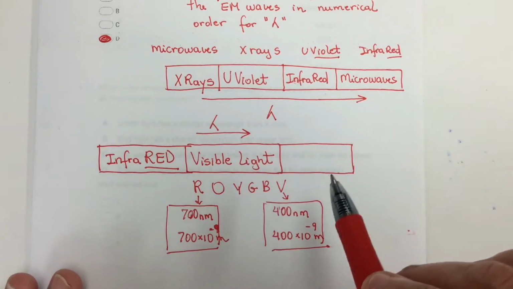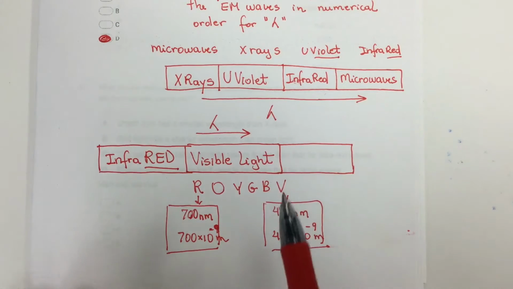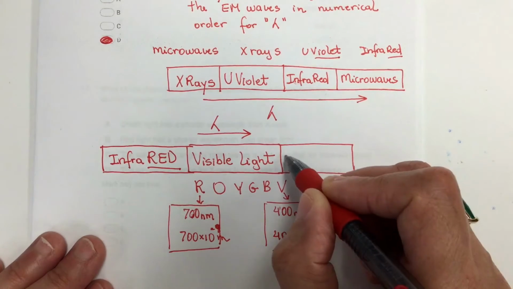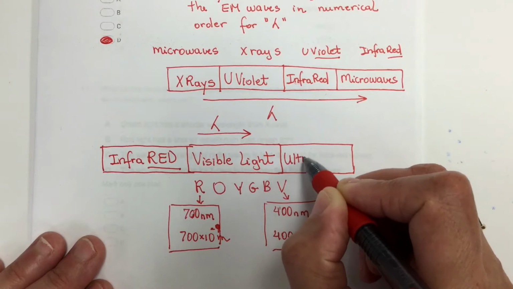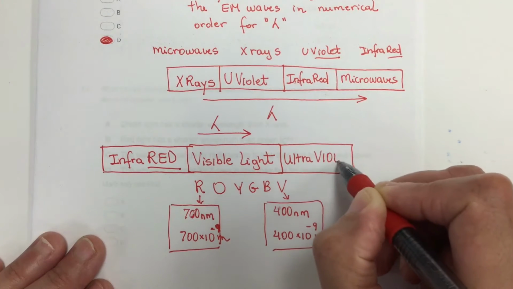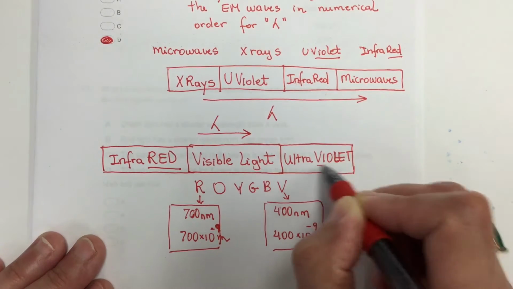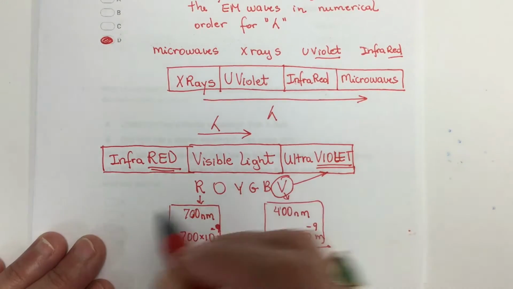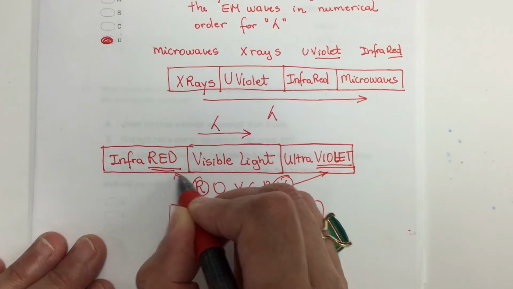And right after the visible light, when the wavelength range is not in this anymore, it starts to get like 300, 200. So now we are talking about the ultraviolet. This corresponds to the violet color, and this corresponds to red color.